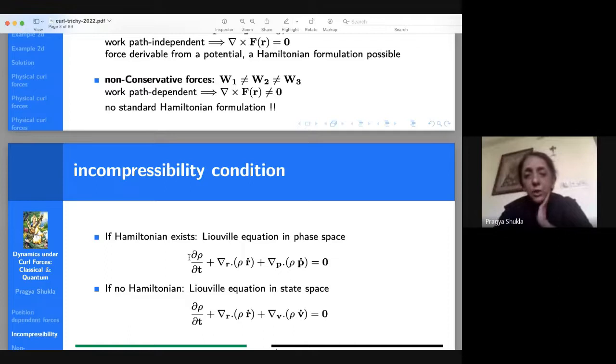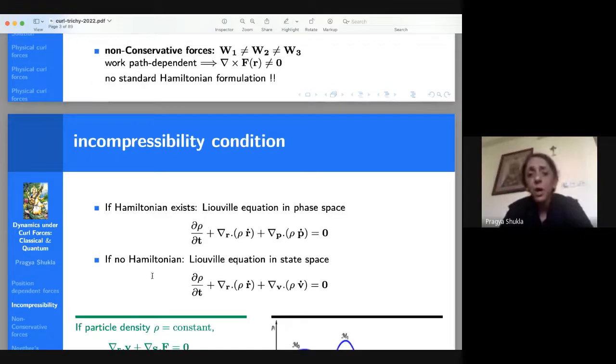So you know this Liouville equation: if rho is the density of points in the phase space, r dot is the position derivative with respect to time, and p dot is the momentum derivative with respect to time, then this is the continuity equation.